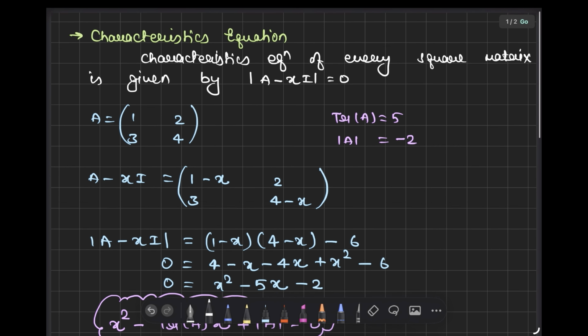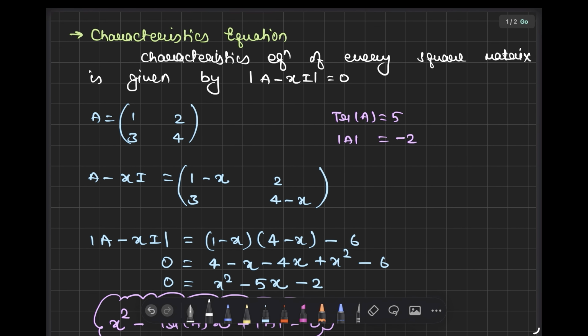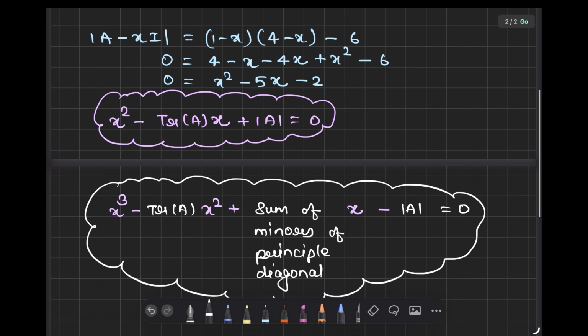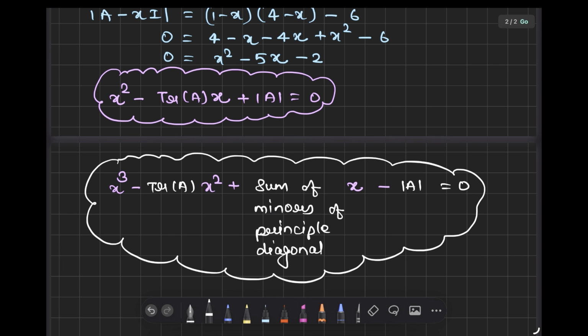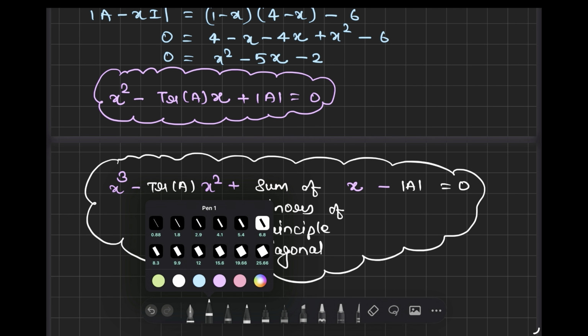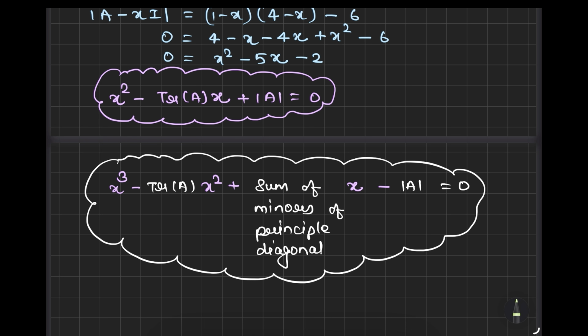Okay, now try to understand why we are studying this characteristic equation. What is the application of this characteristic equation? So suppose that this is your characteristic equation. So can I write A square minus 5A minus 2I equals to 0?